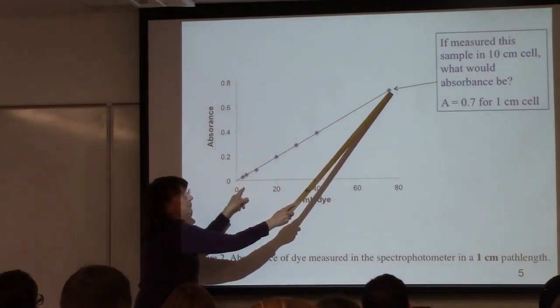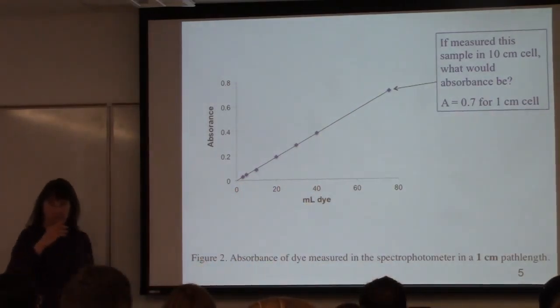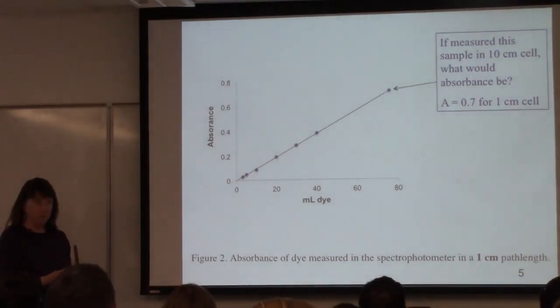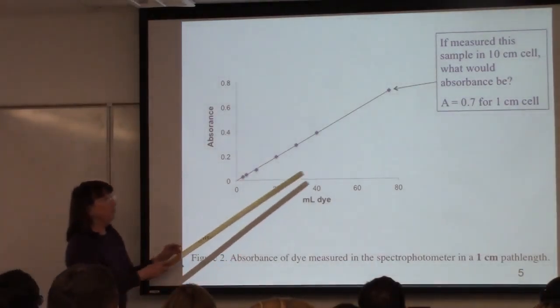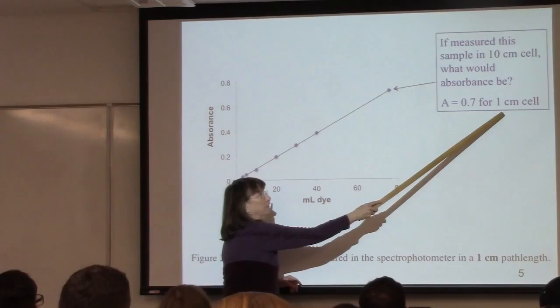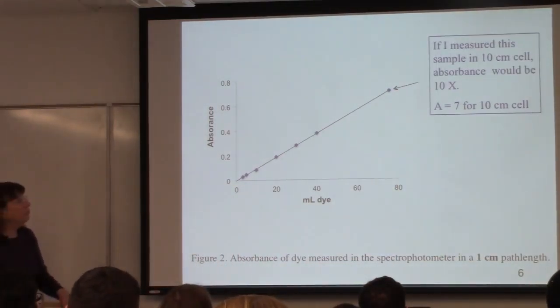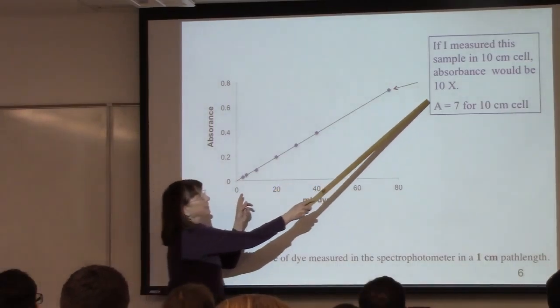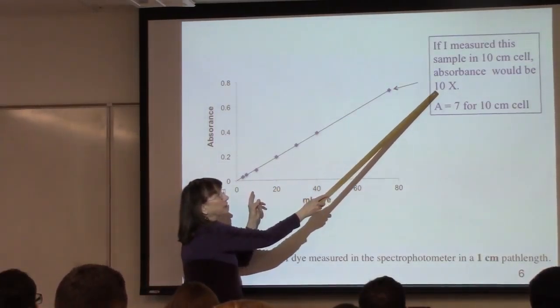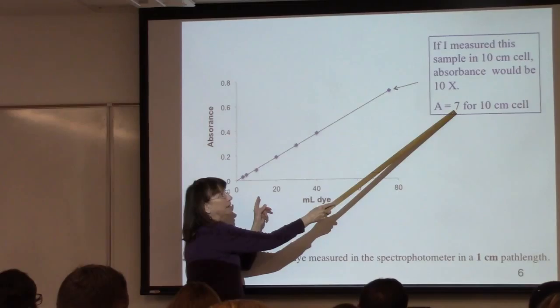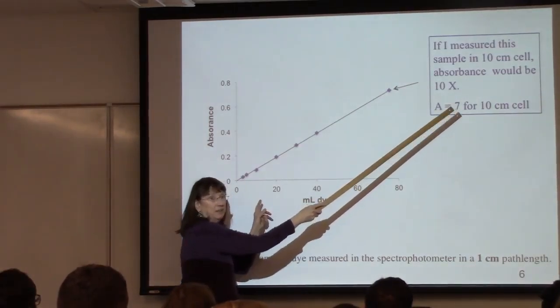You remember that with Beer's Law, absorbance is directly proportional to path length. So if you look through 10 centimeters instead of 1, you'll get a reading that's 10 times higher. And so that would be an absorbance reading of 7.